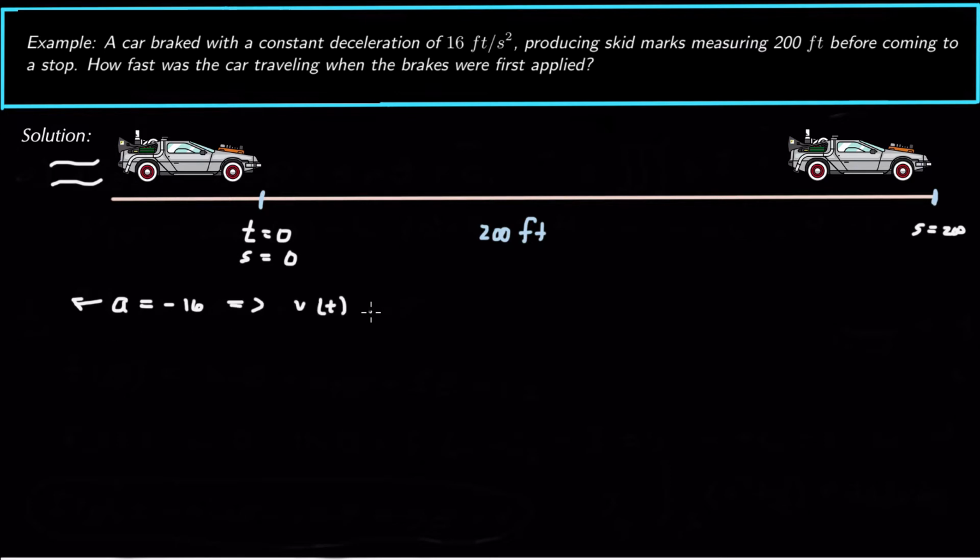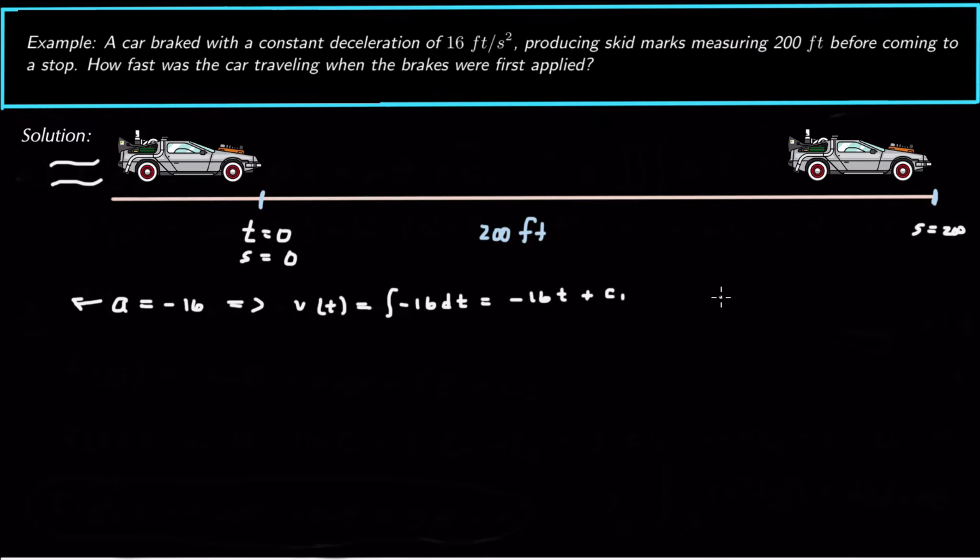So velocity is the antiderivative of negative 16 dt, and if we integrate that, we get negative 16t plus a constant, we'll call it c1.